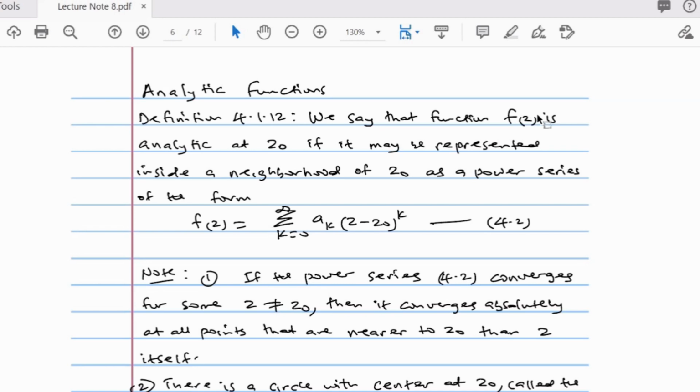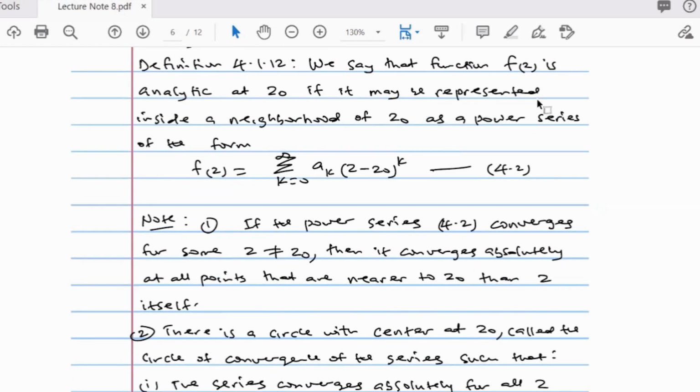But once you can write your f of z at z naught in this power series form, we say that your function f is analytic at z naught. That is, f of z is the summation from k equals 0 to infinity of a_k times (z minus z naught) raised to the power k.